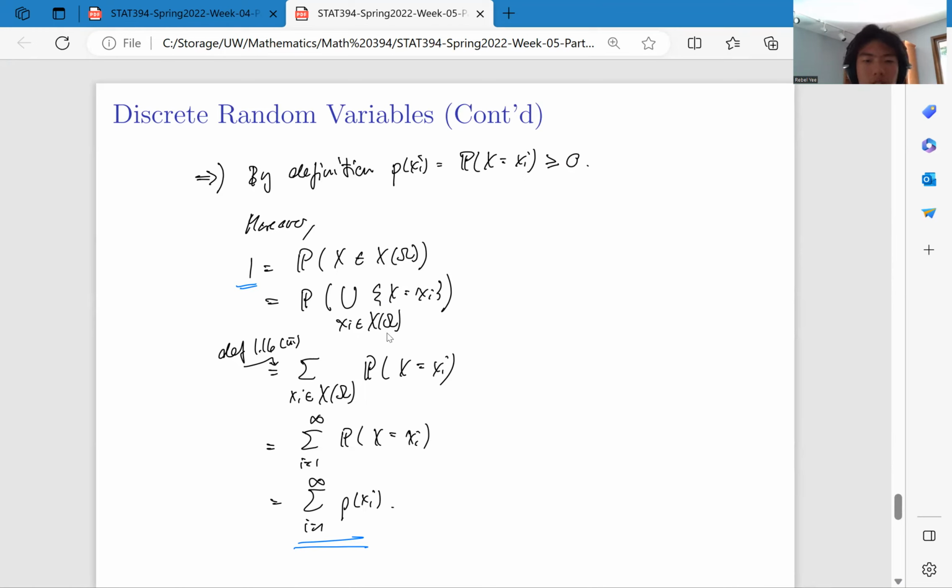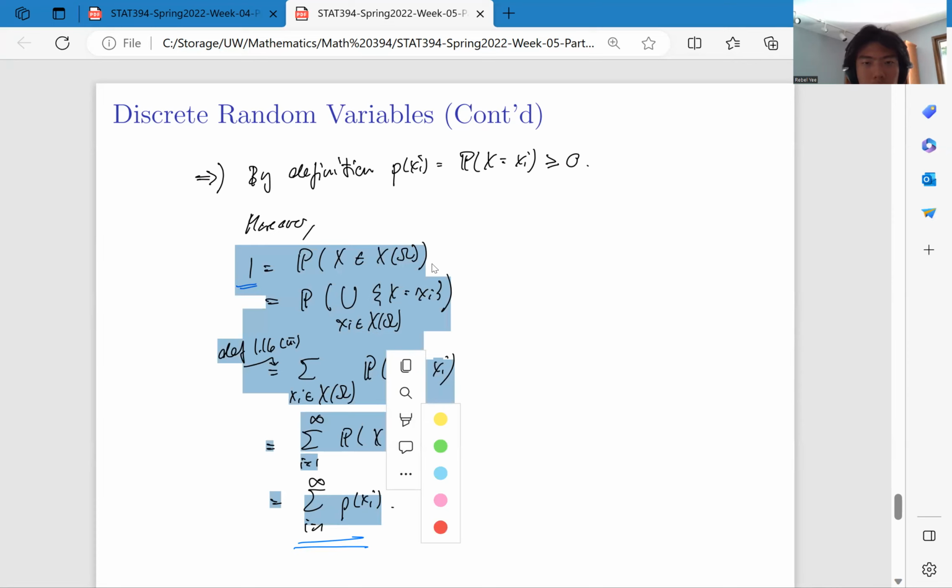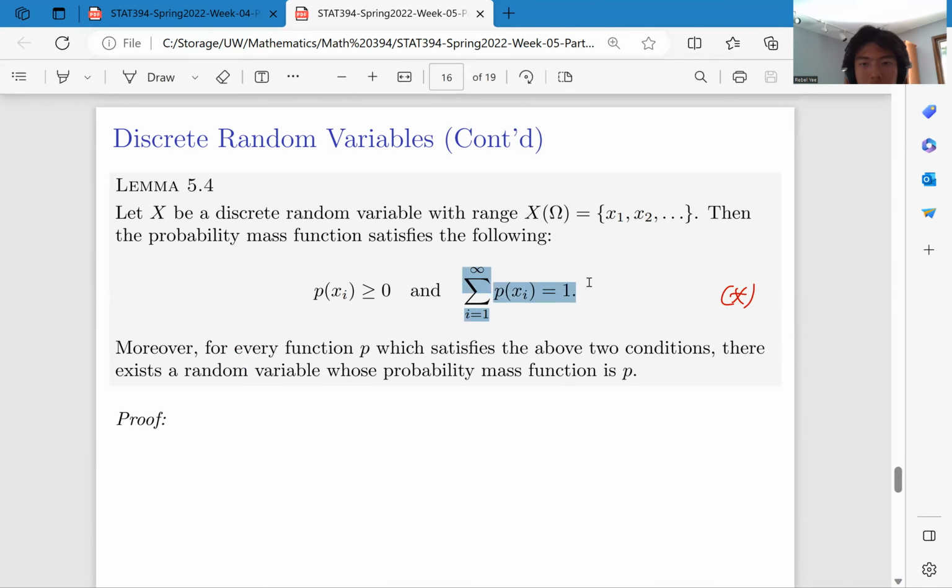Because they're disjoint events one by one, the probability of the union can be written as the summation of the probabilities. Going one step more, X of omega is the whole set, so the sum goes from i equal to 1 to i equal to infinity of the probability of X equal to xi. Plugging into this equation again, we get the probability mass function of xi summed from i equal to 1 to infinity, which is the whole set, equal to 1, and we thus prove this case here.